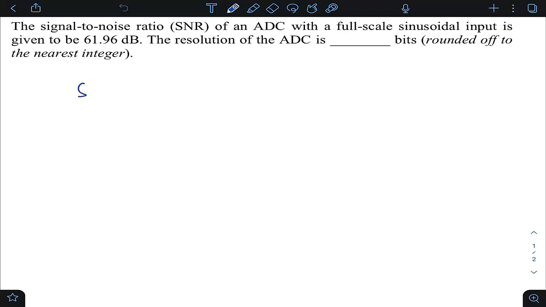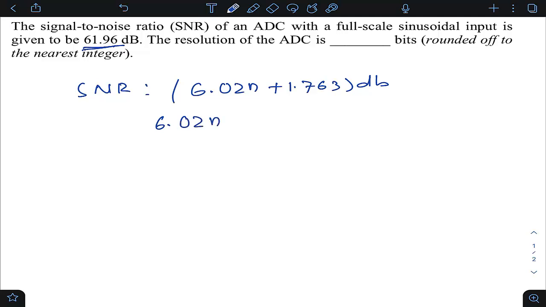The signal to noise ratio of an n-bit ADC is given by 6.02n plus 1.763 dB. This is given as 61.96. So 6.02n plus 1.763 equals 61.96.